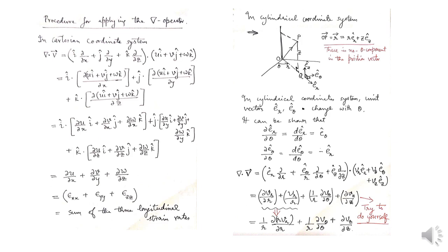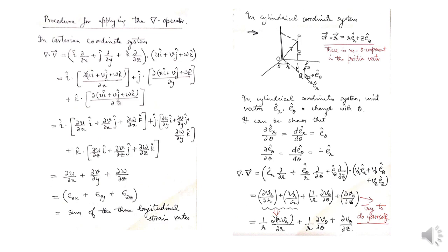Now, if you go by the same way as was demonstrated for Cartesian coordinates, and you are involving the partial derivative with respect to theta of the various vector components, then please be careful to do the differentiation using the product rule, because both the component as well as the unit vector will change in general with respect to theta.